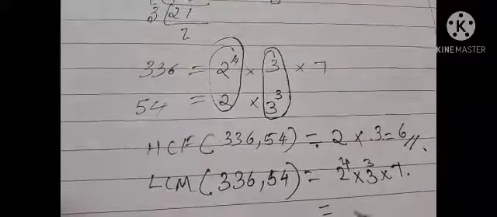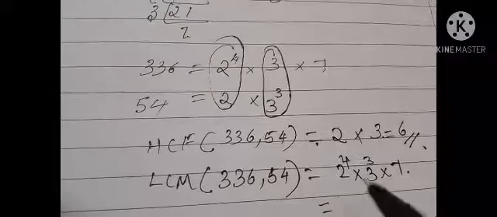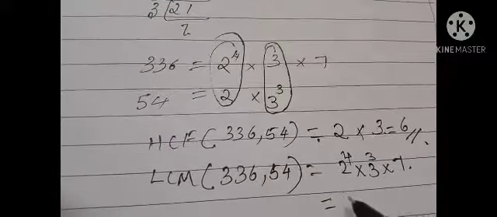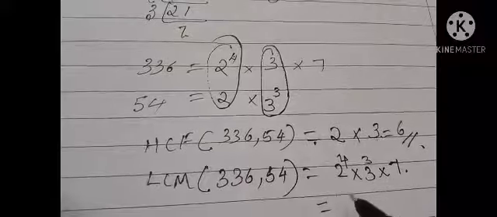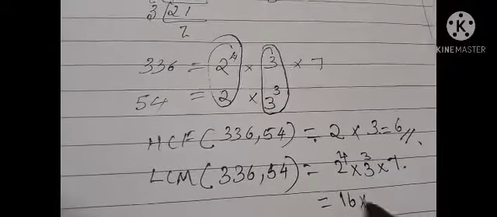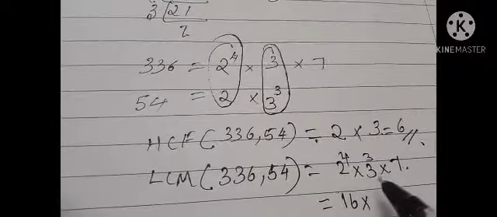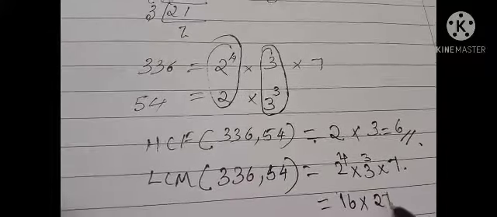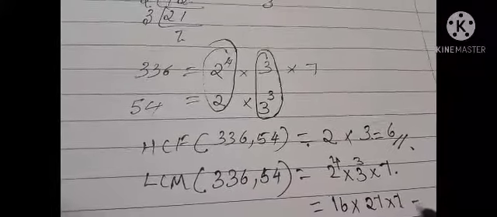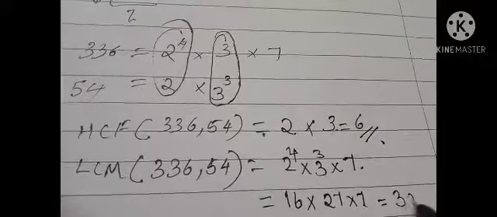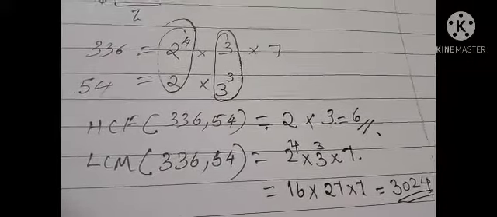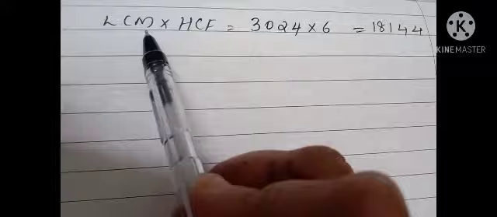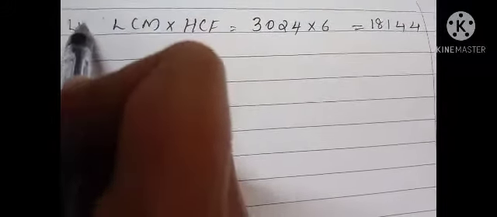Then 2 raised to 4 means 2 into 2 into 2 into 2: 2 into 2, 4. 4 into 2, 8. 8 into 2, 16. Then 3 into 3 into 3: 3 3s are 9. 9 3s are 27. Into 7. When we multiply them, then we will get 3024.